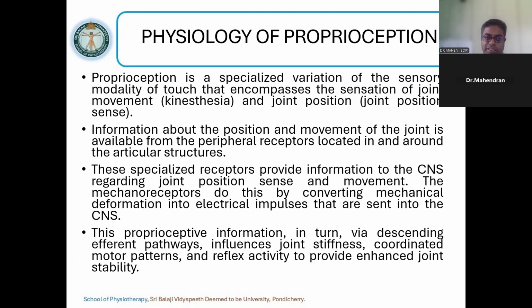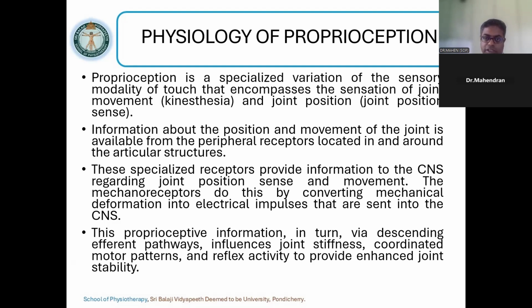Actually, proprioceptor is a kind of mechanoreceptor. Okay, so information about the position and movement of the joint is available from the peripheral receptors located around the articular structure. So these specialized receptors are located in and around the joint.